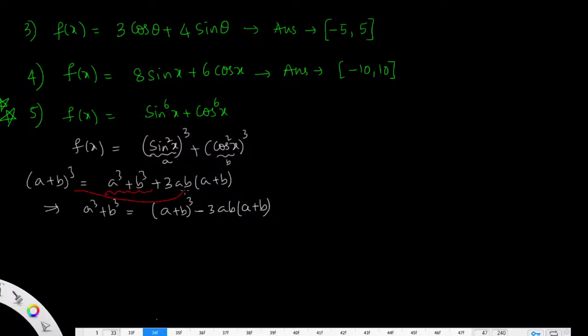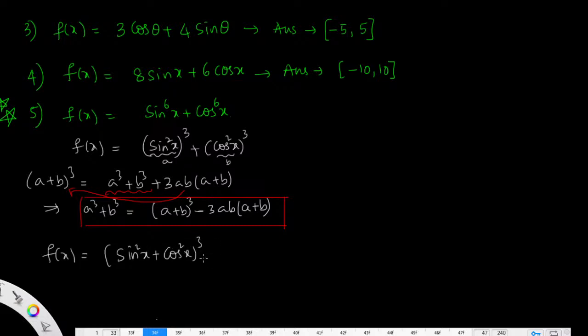So, send this term to the LHS. Therefore, a cube plus b cube can be written as a plus b whole cube minus 3ab into a plus b. Therefore, let f of x equal sin square x plus cos square x whole cube minus 3 into sin square x into cos square x into sin square x plus cos square x.